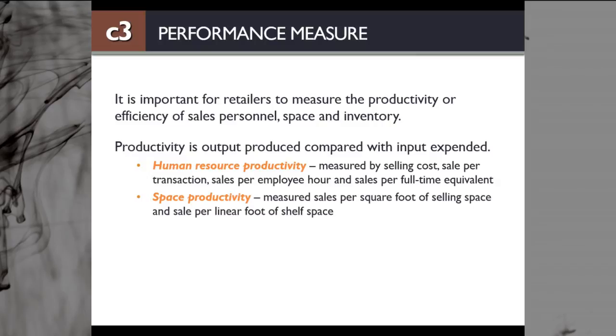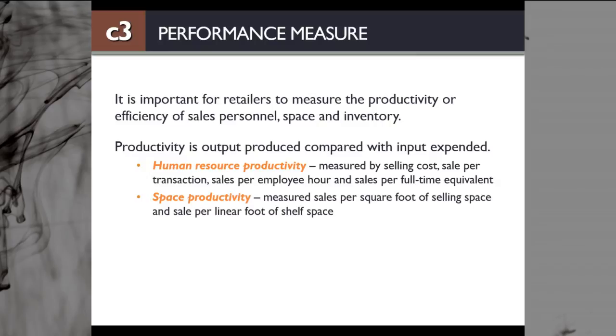So the first one that we can talk about is going to be human resource productivity. It can be measured by selling cost and sales per transaction and sales per employee hour and sales per full-time equivalent. So as you can see, you calculate the productivity depending on how well your salesperson did, or depending on the full-time equivalent sales personnel and the selling cost.